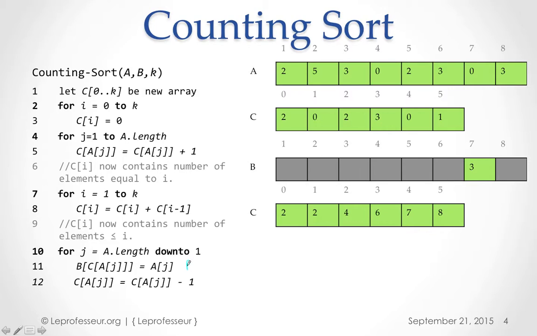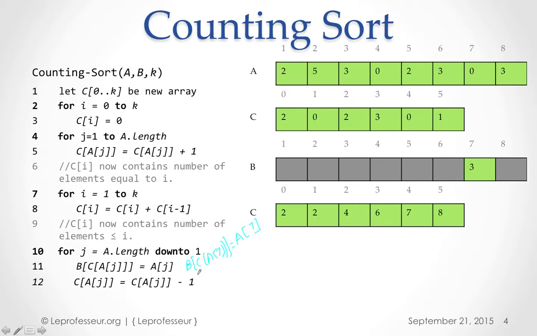B, C. Now A of j would become 7. So A of 7 is equal to A of 7.